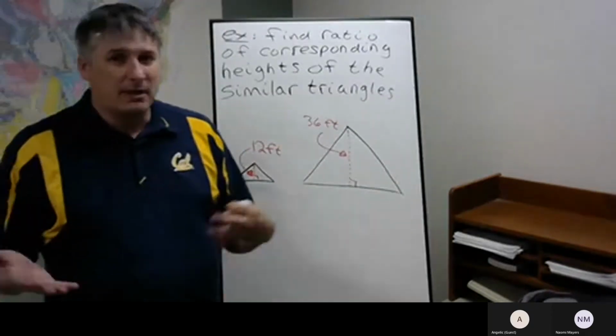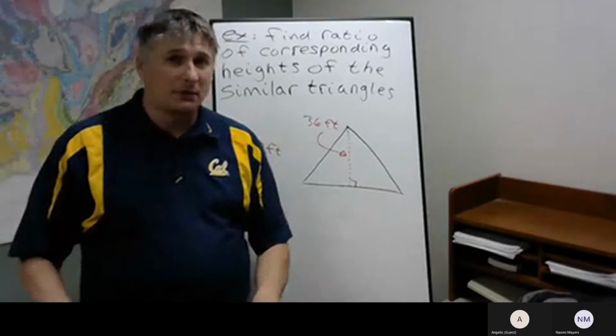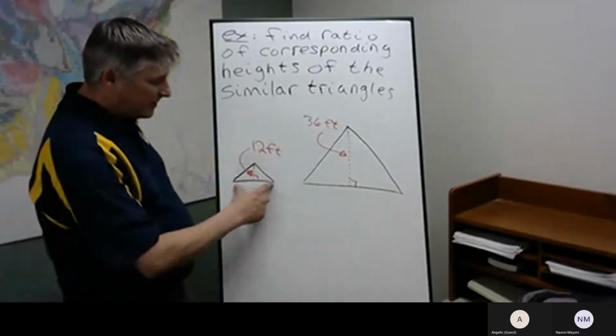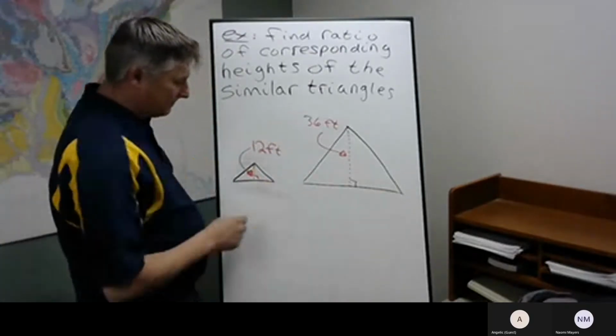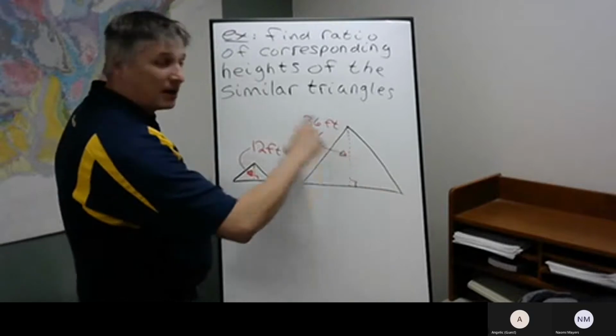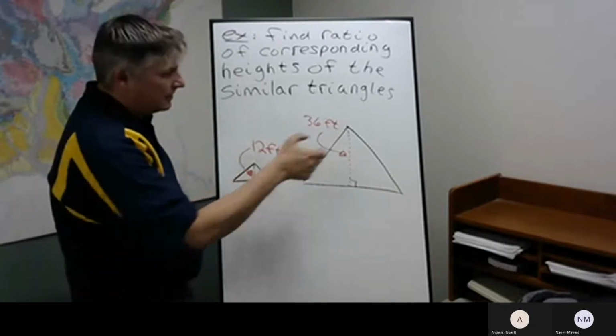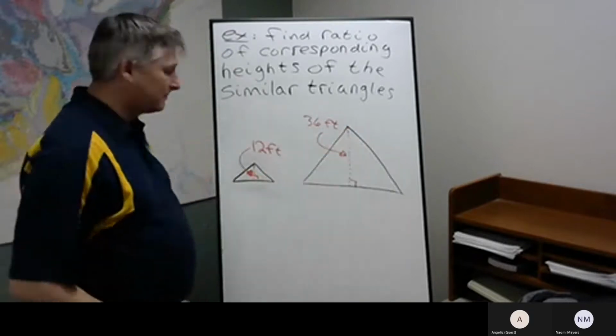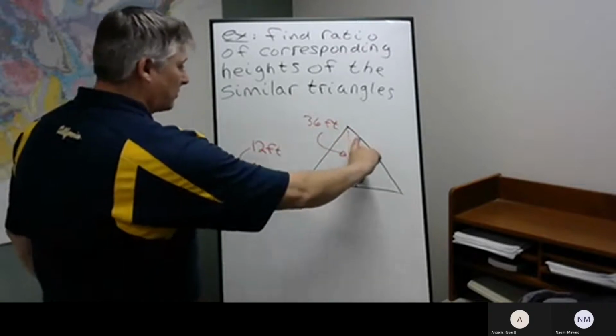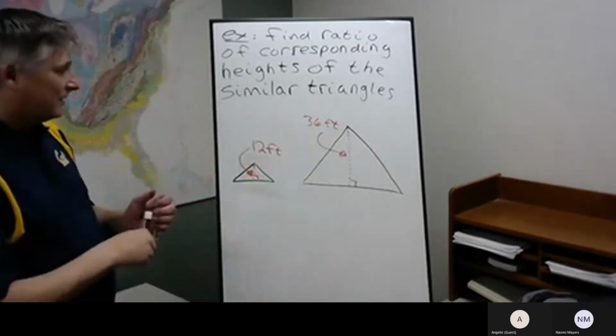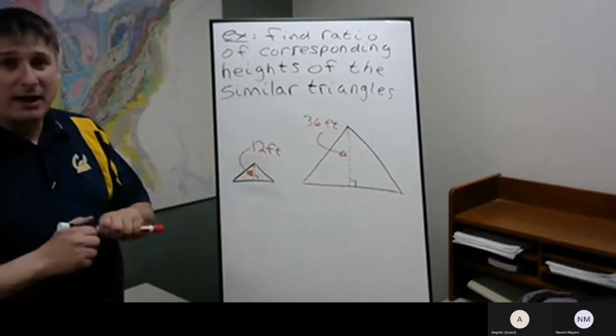Now, in this problem, we can make that assumption. I'm going to say that you can. That's okay. So this side is corresponding to this side. This side is corresponding to that side. And this side is corresponding to that side. And this height is corresponding to that height. So again, we're just going to take the ratio of the heights.